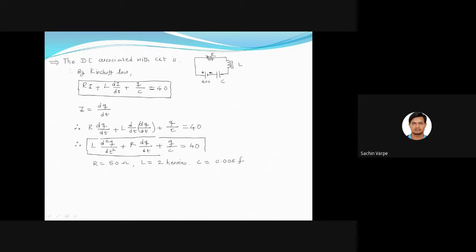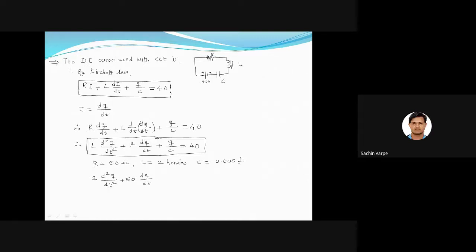What is the dependent variable involved in the differential equation? Tell me. What is the dependent variable? Charge q, yes, exactly.